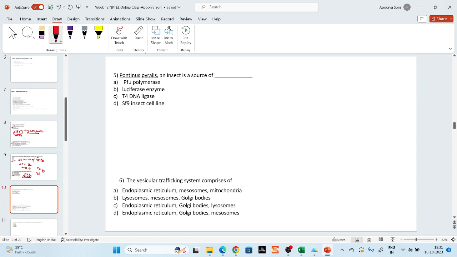Photinus pyralis is an insect source for PFU polymerase, luciferase, T4 DNA ligase, Sf9. What is the answer?